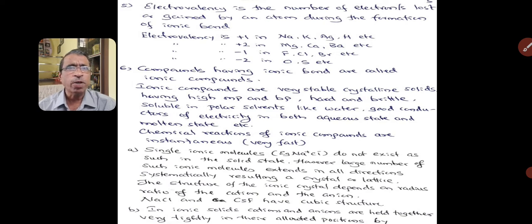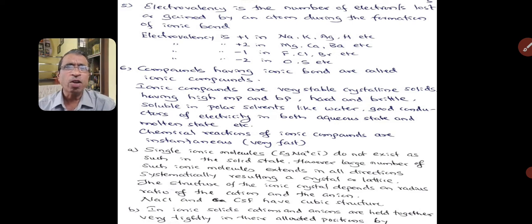In the case of sodium, potassium, silver and hydrogen, these atoms give one electron, hence electrovalency in this case is +1. Magnesium, calcium, barium, etc. give 2 electrons during the formation of an ionic bond. So therefore electrovalency in these elements is +2.